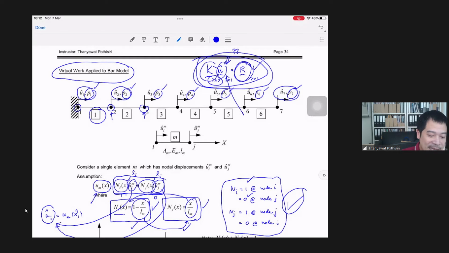Because you would see that this matrix K would be what we call a singular matrix. Why would K become a singular matrix?